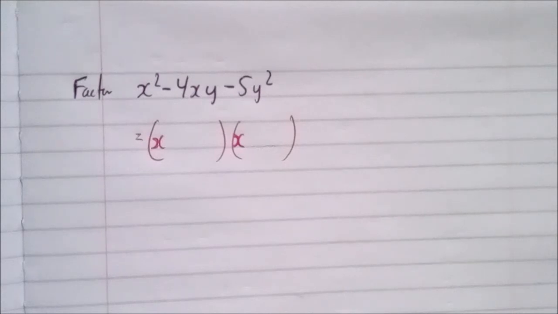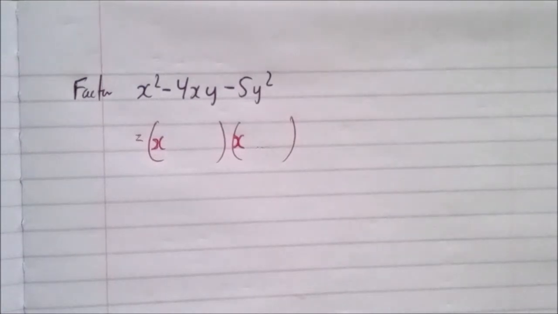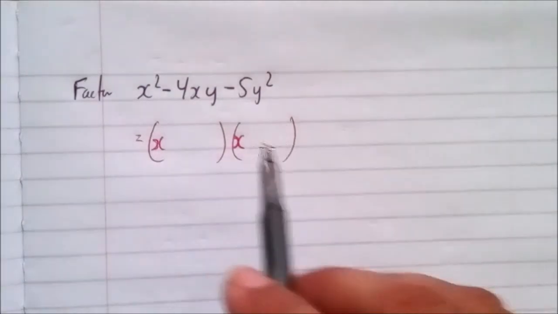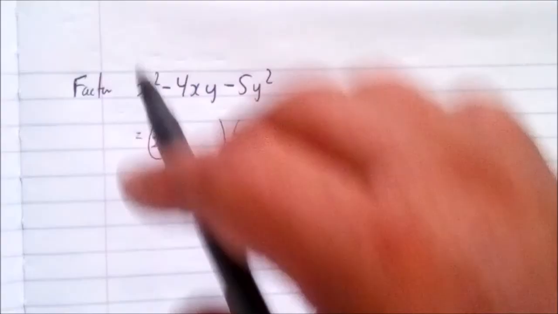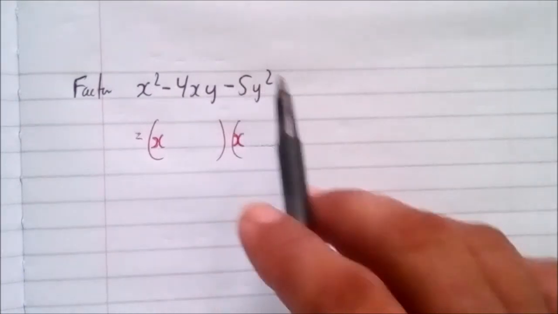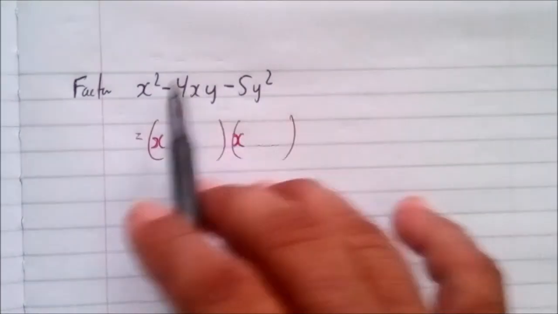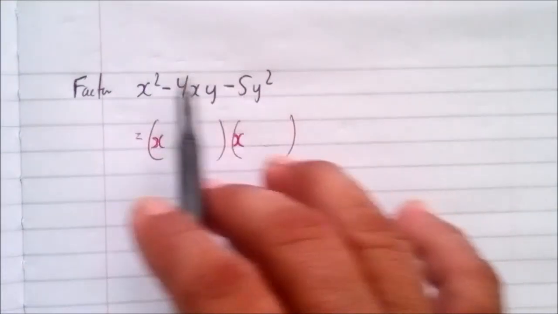Two such expressions are negative 5y and y. What does that mean? The only way I could get a negative 5 here and a negative 4 is if I say negative 5 times positive 1, that gives you a negative 5, and negative 5 plus 1 gives me a negative 4. So we have the numerical value there.